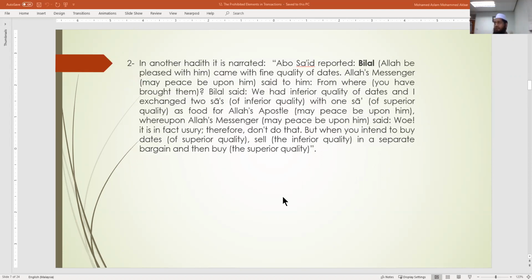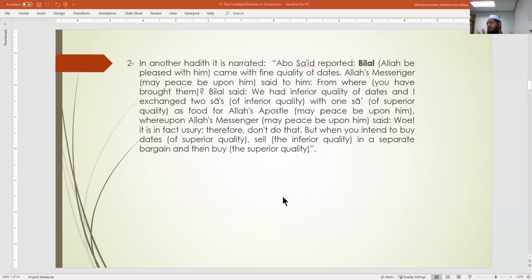There's another hadith. This is quite a simple and very interesting hadith. When the Prophet ﷺ saw Bilal, he brought 1 kilo. Let's say, because the measurement is a saa, which is actually a kind of measurement, so to make it easier to understand for you and me, I paraphrase the hadith and say 1 kilo.